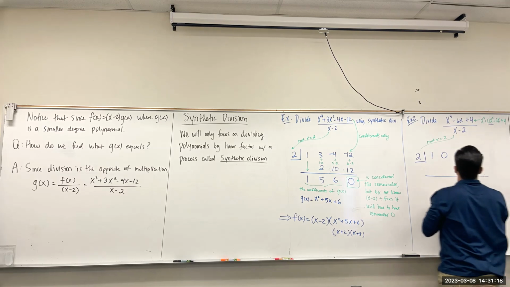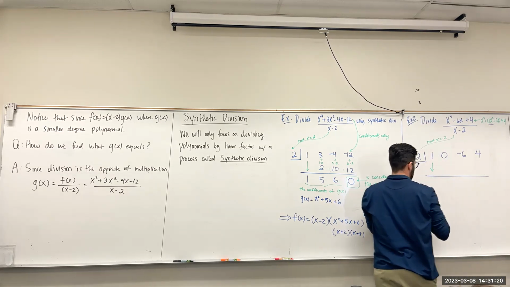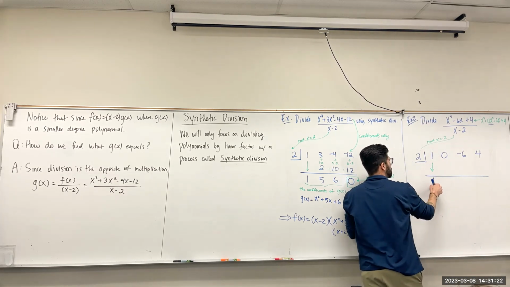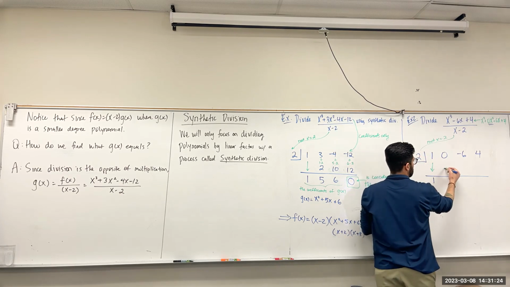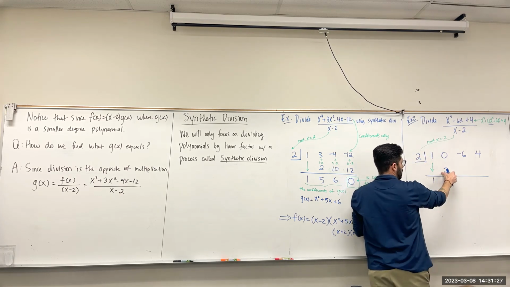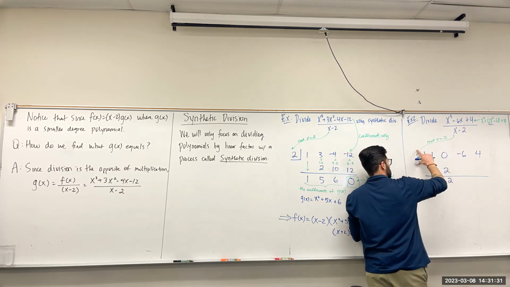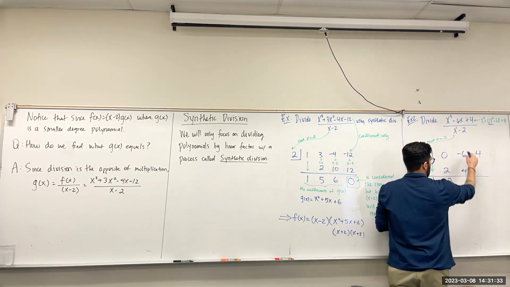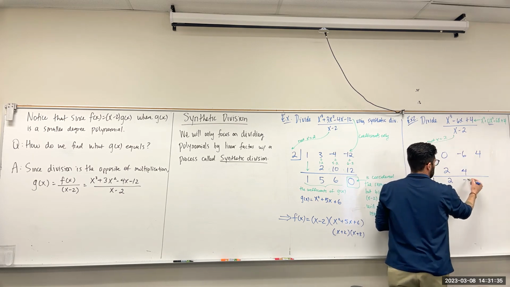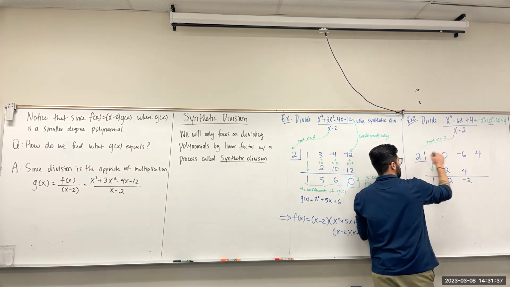Okay, so let's see. I bring this first leading coefficient down. We multiply it with the root 2. You add straight down. Then I multiply this result with my root. You add straight down and then multiply that with my root.